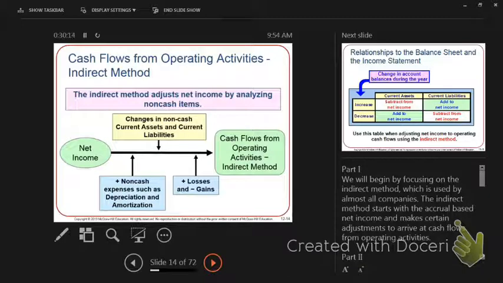Okay, so when I do wages expense and wages payable, later there is cash, right? Wages payable turns into cash. And when I do utility expense and utility payable, later it turns into cash. When I do depreciation expense and accumulated depreciation, no cash in, no cash out. I'm never doing cash. What does depreciation expense do?